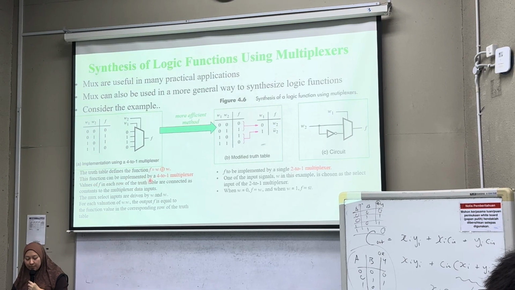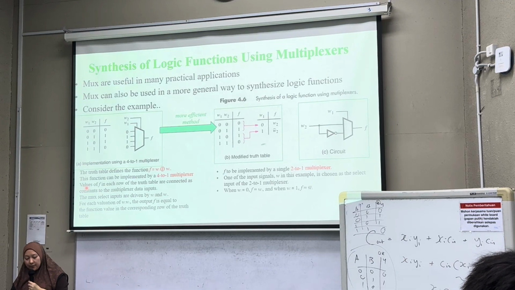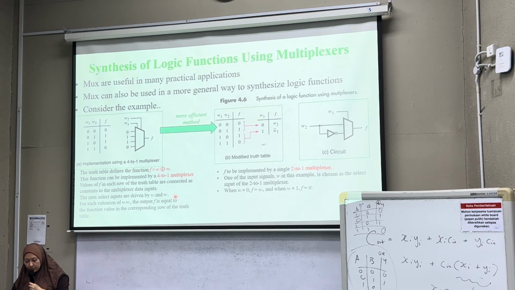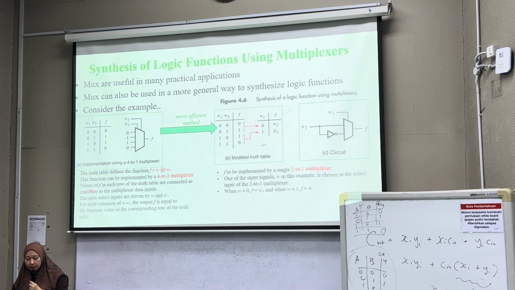So this function can be implemented by a 4 to 1 mux. Values of F in each row of the truth table are connected as constants to the multiplexer data inputs. The mux select inputs are driven by W1 and W2. For each valuation of W1 and W2, F equals the function value in the corresponding row of the truth table.